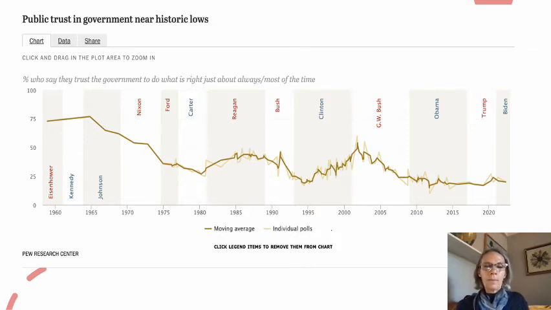The polling question asks people, do you trust the government in Washington, D.C. to do what is right always, most of the time, sometimes, rarely, or never? And this brown line here shows the people who said they always trust government to do what's right, or most of the time. Okay, so always or most of the time.